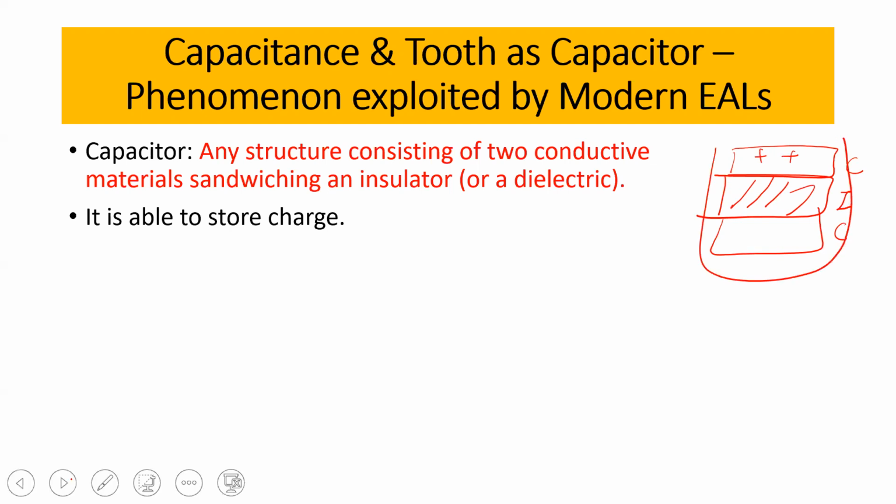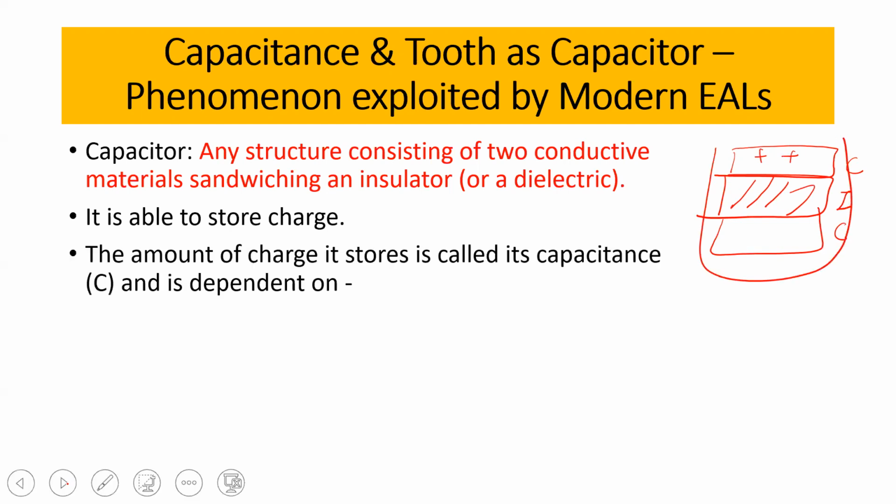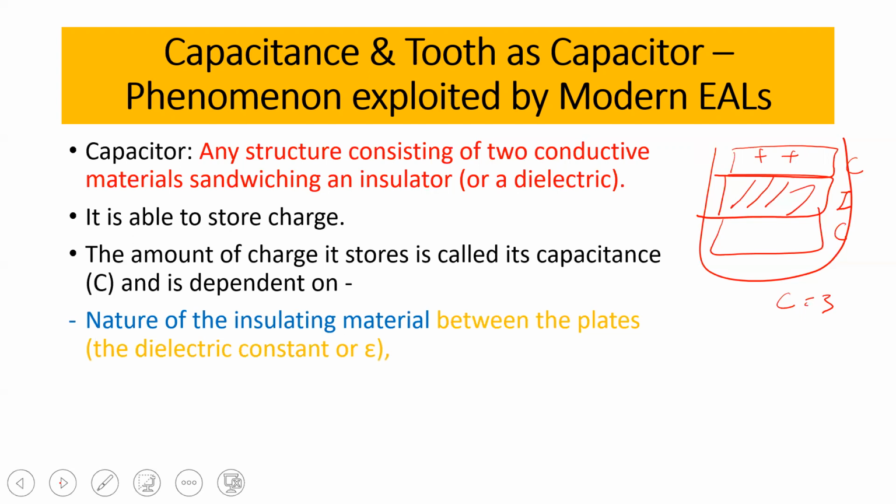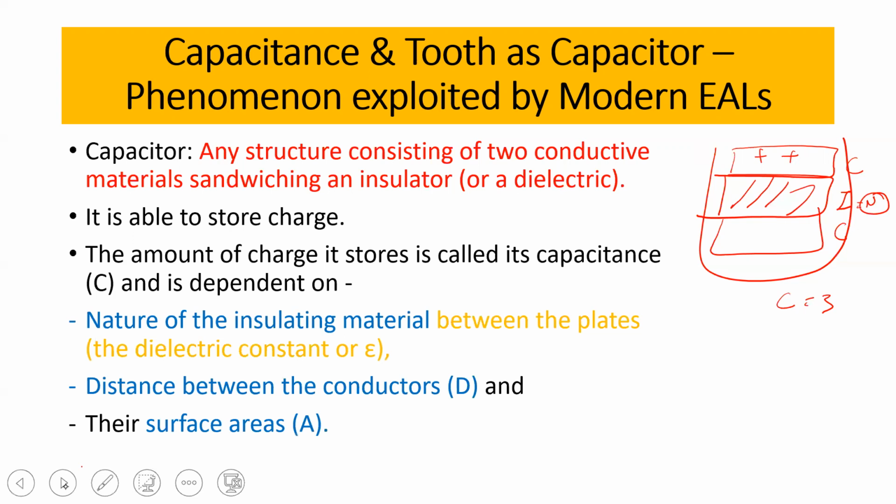Now, the amount of charge it will store is called capacitance, and it depends upon three factors. The first is the nature of the insulating material, which is known as the dielectric constant, the second is the distance between these two conductive materials, and the third is their surface area. So this distance is the most important point that you have to remember. Why? Let us know further.